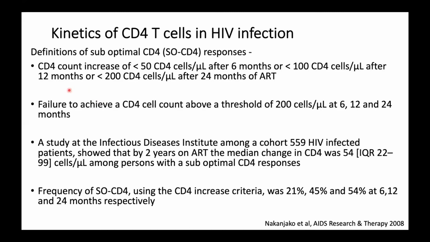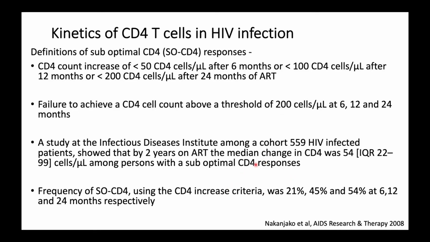But we also know that one could essentially say that the failure to achieve a CD4 cell count above a threshold of 200 at 6, 12, and 24 months could essentially be, in a nutshell, the definition of suboptimal CD4 responses. And at the Infectious Diseases Institute in Kampala, Uganda, among a cohort of about 560 HIV-infected individuals, approximately 2 years after they had been on ART, they showed a median change of about 54 cells among those with suboptimal CD4 responses.